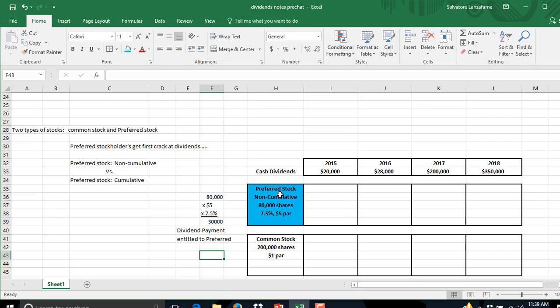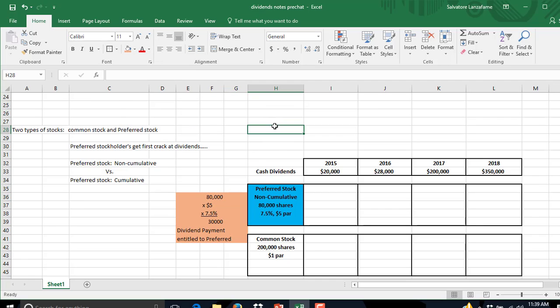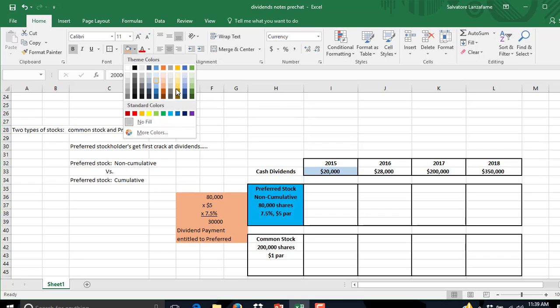So let's take a look at the example that we have here, right? And with the scenario that we've just presented, let's figure out how much common and preferred will end up getting. So in 2015, the corporation is giving out $20,000 in dividends. So that's the magic number right now, 20,000.